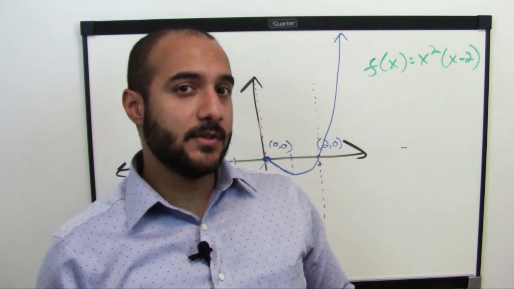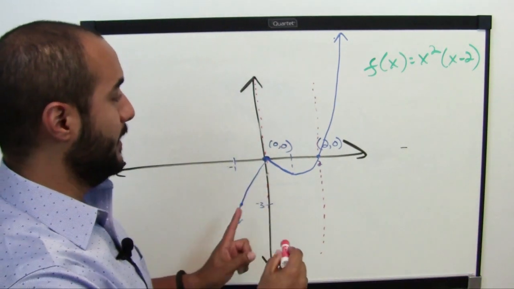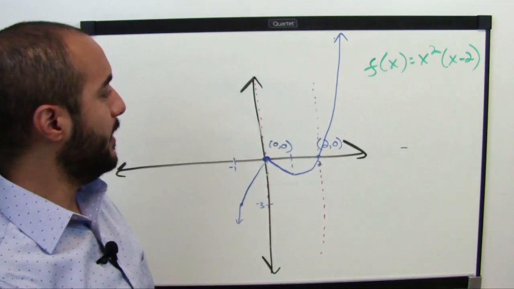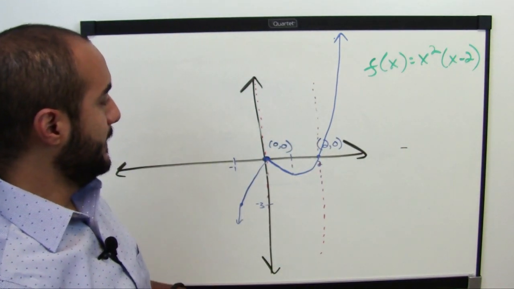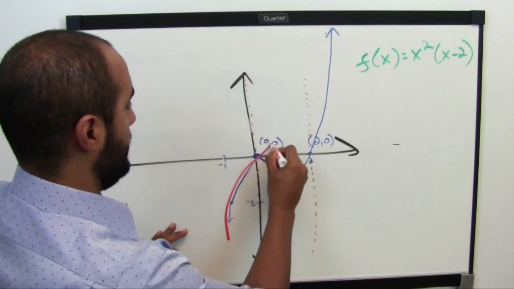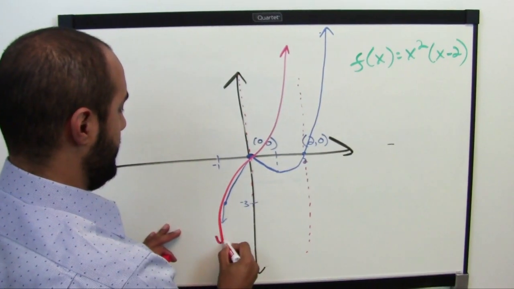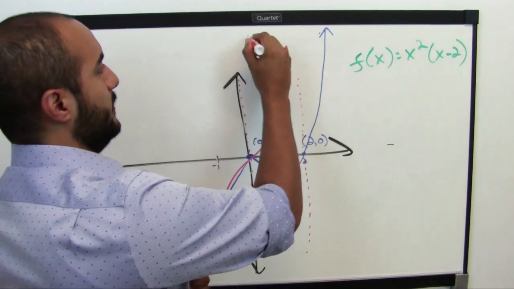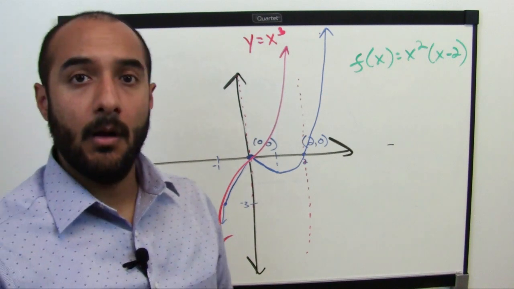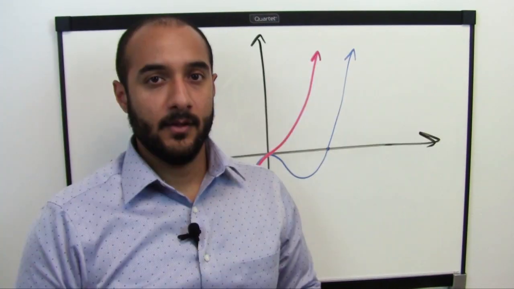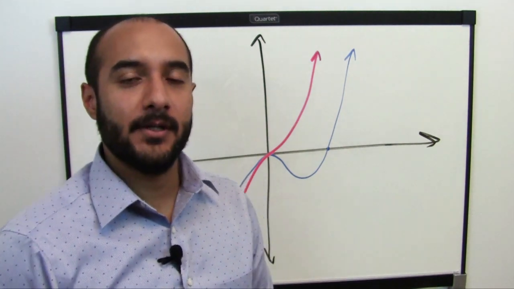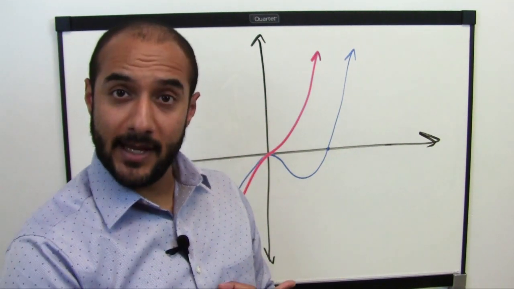Now, you might have noticed something before I even said it. This graph, which is a third degree polynomial, kind of looks like our parent function, y is equal to x to the third. I erased the graphs before I was able to say this next part, but don't worry, magic of editing.